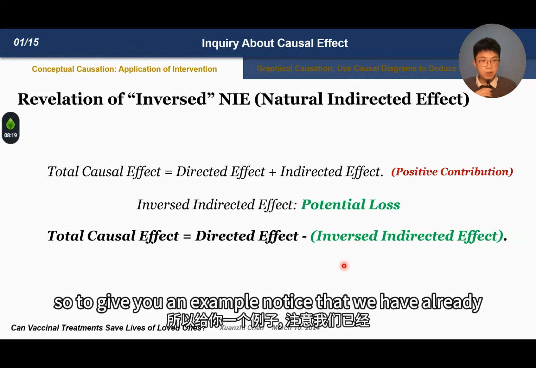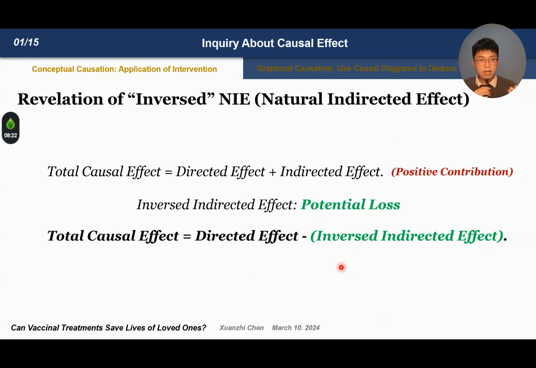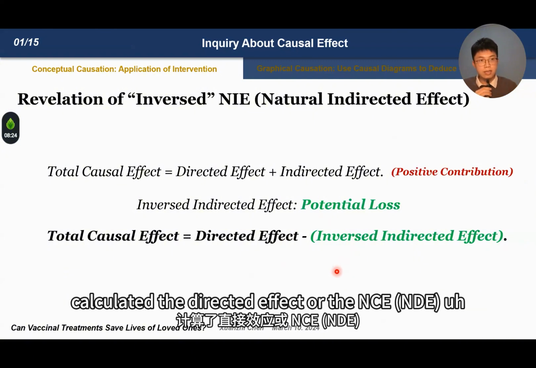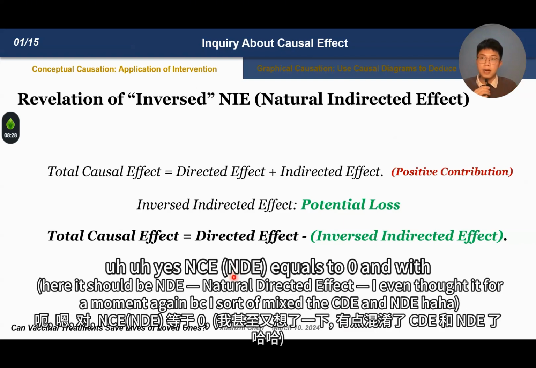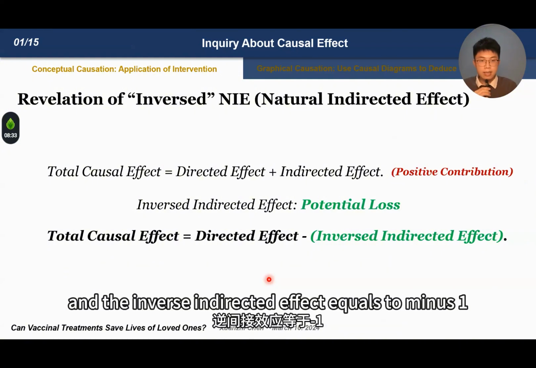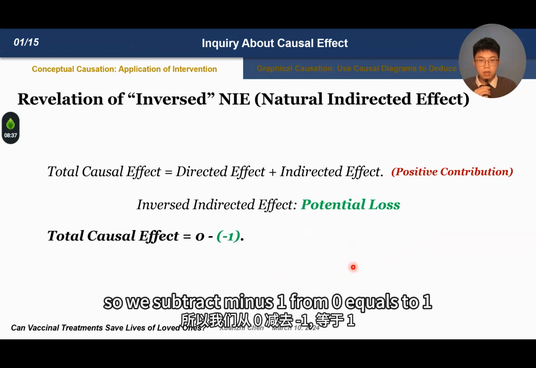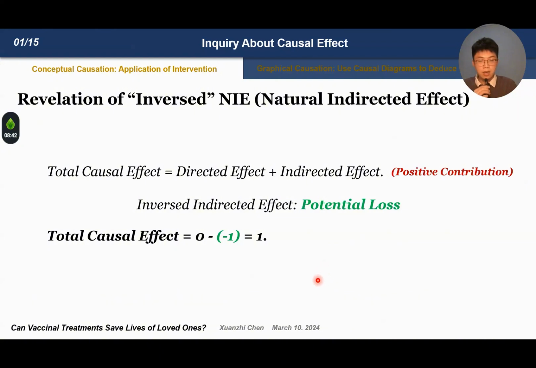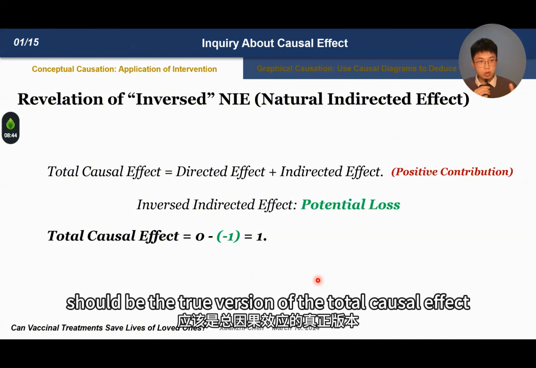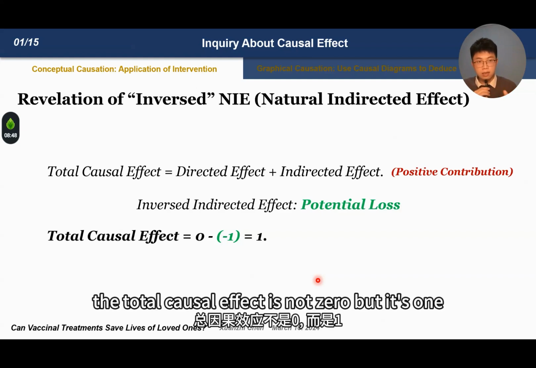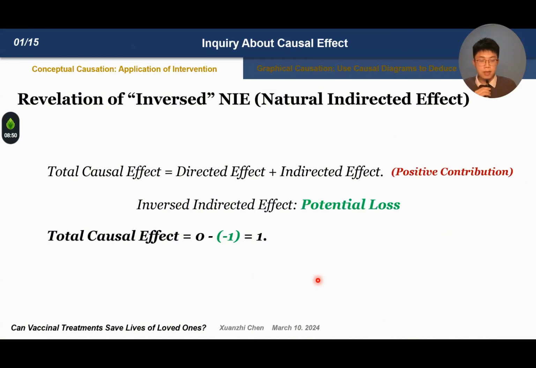So to give you an example, notice that we have already calculated direct effect or the NCE. Yes, NCE equals to 0, and the inverse indirect effect equals to -1. So we subtract -1 from 0 equals to 1. Okay, so this should be the true version of the total causative effect. The total causative effect is not 0, but it's 1.